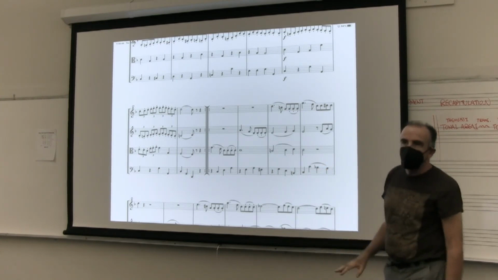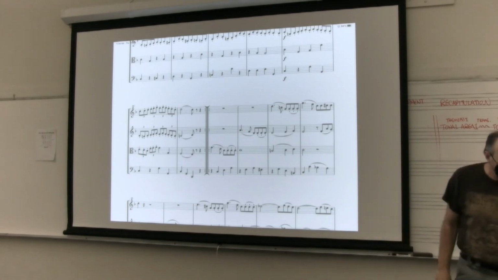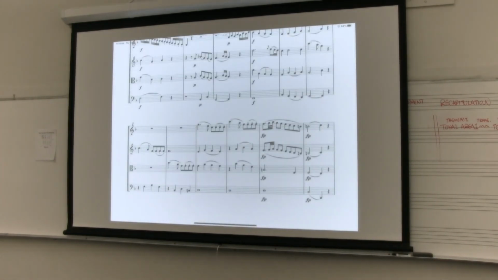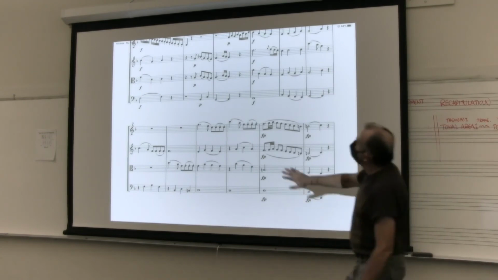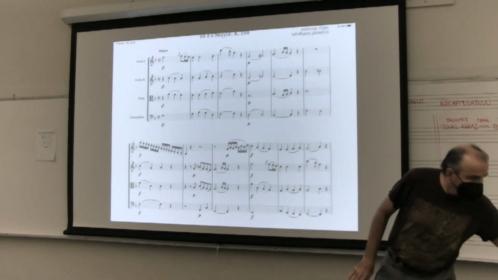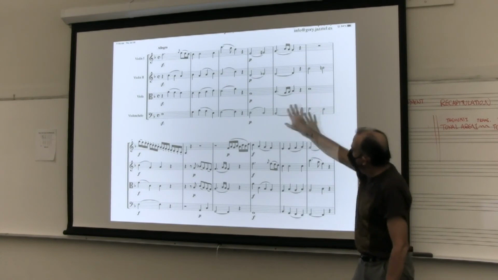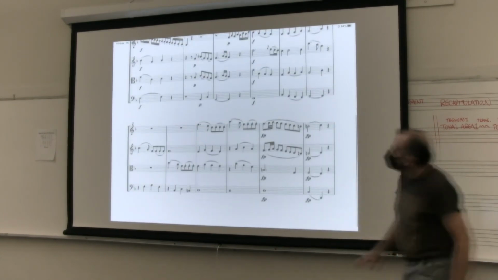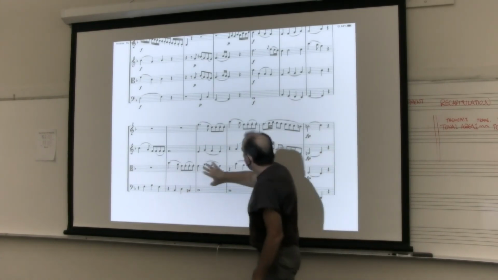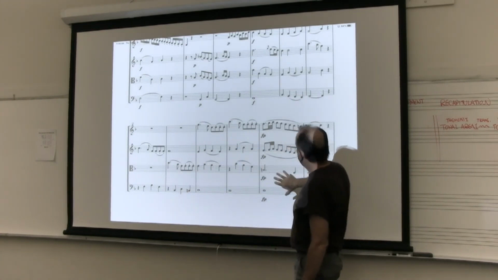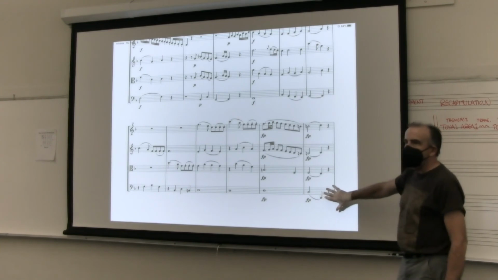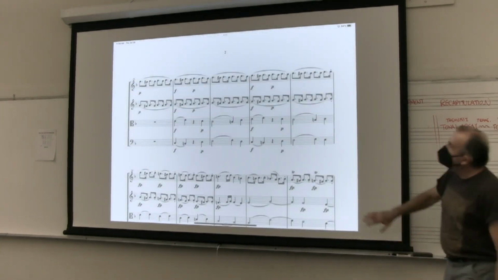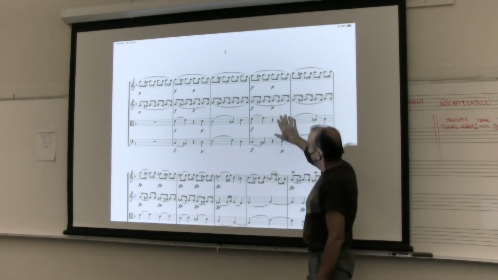And in the exposition, this would be our tonal area 1 starts here, right? And we're moving around. We start to transition at the bottom of the first page to C major until we come to a full cadence in C major. Then at the top of the second page, we present new material.